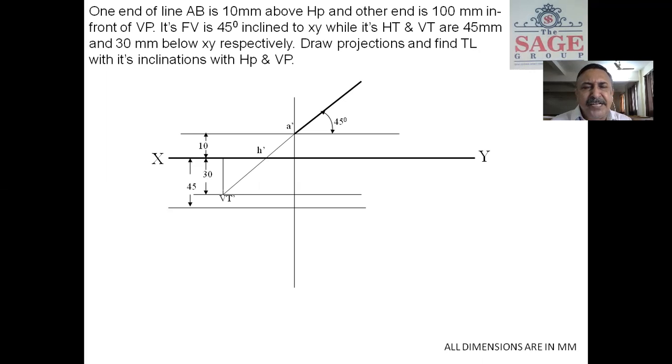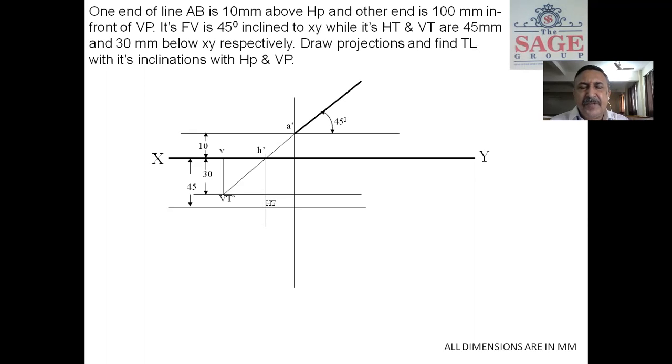Now, if we project VT on XY, we get a point V. And when we draw a projector from H dash, we get HT on the locus we have already drawn.